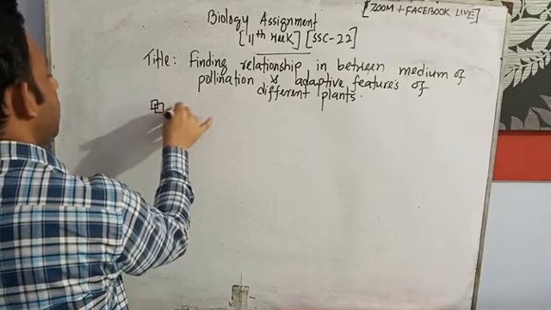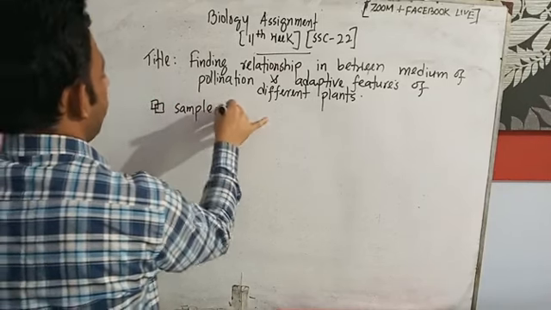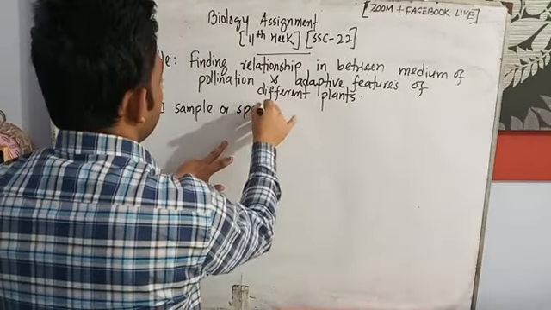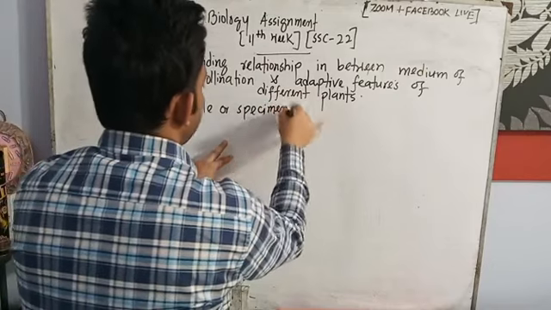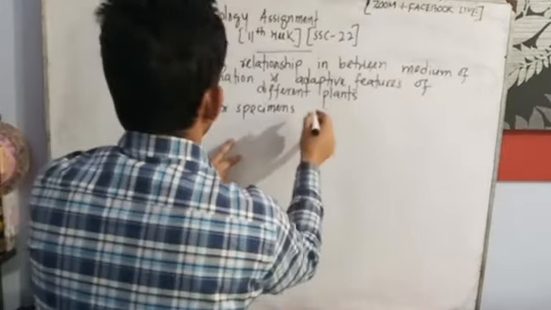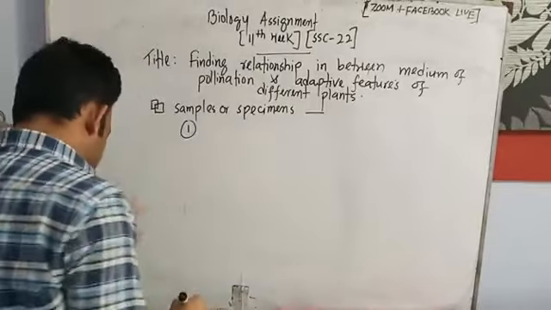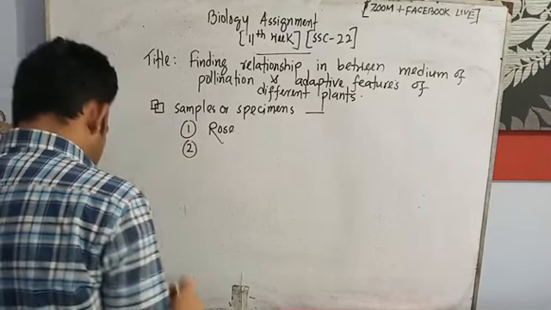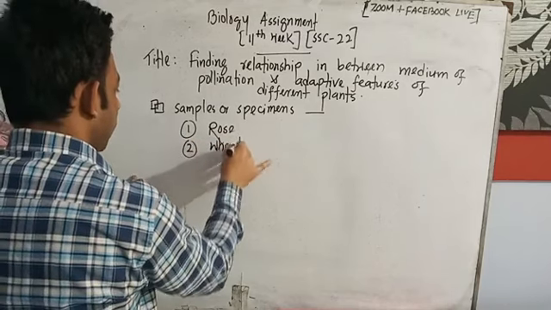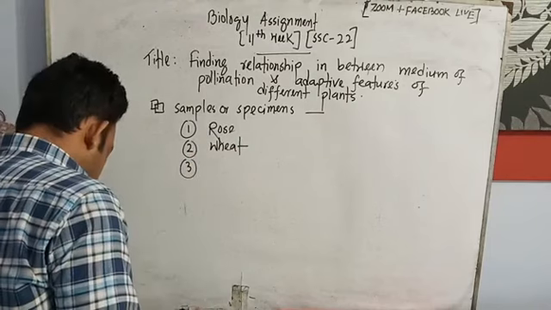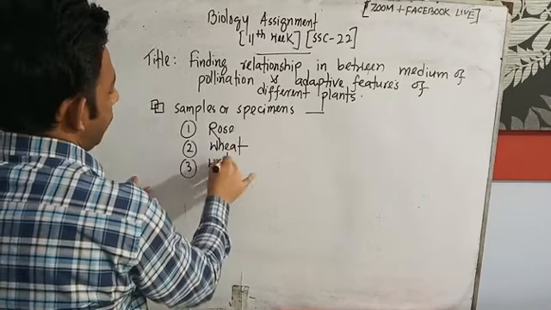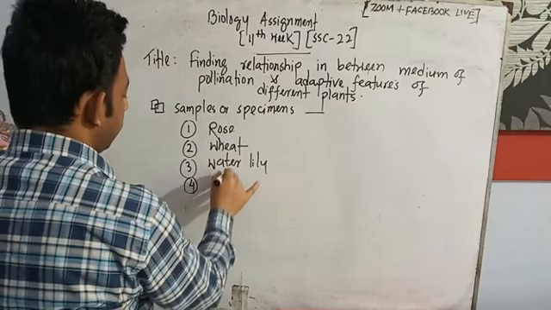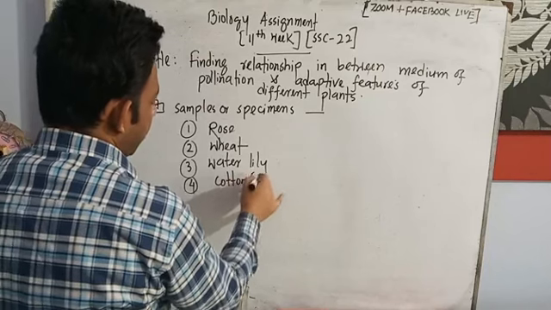We start with that one. Samples or specimens given. 4 samples or specimens are given here. The first one is the rose flower, the second one is wheat, the third one is water lily, and the 4th one is cotton, or you can write here shimul.